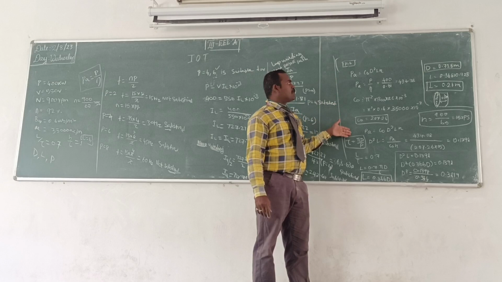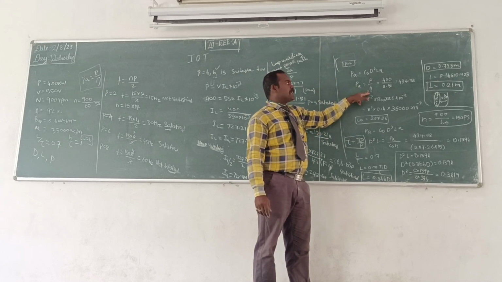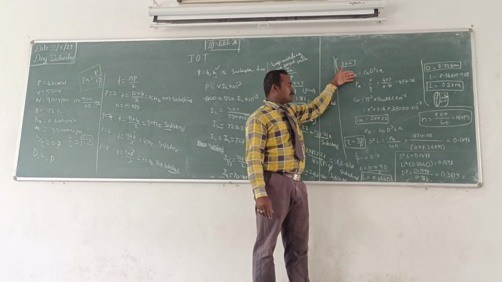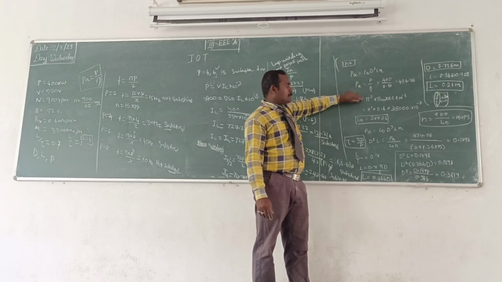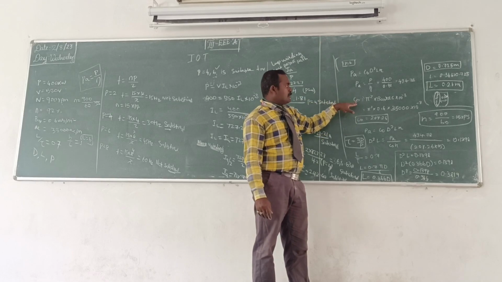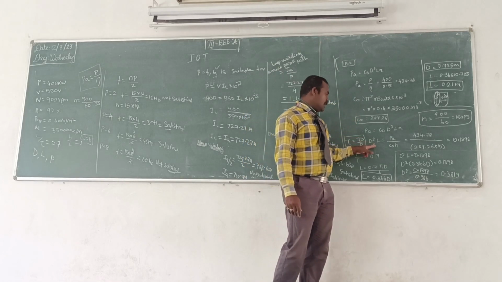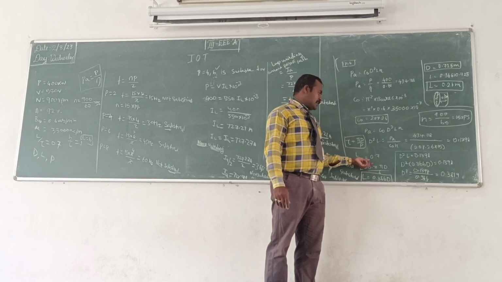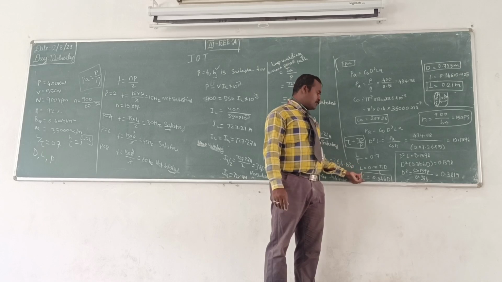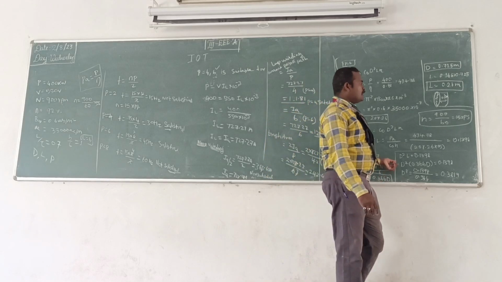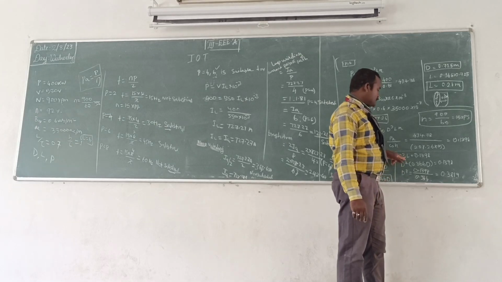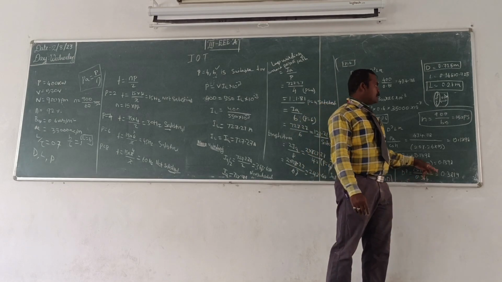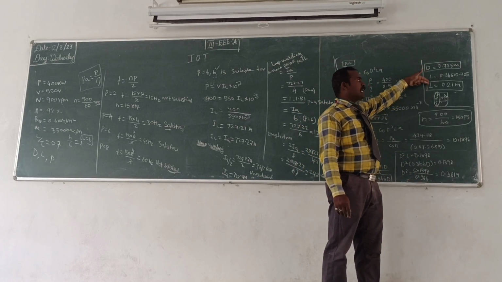You can use the common formula because it is a generator, and the efficiency is given. As in the last section, the main dimension calculation procedure, substitute all appropriate values and find C naught as well as D square L. Then the L by tau value is given, so we substitute the assumed value and find L in terms of D. Substituting this in the D square L equation, you can find D cube, and the diameter as well as the length.